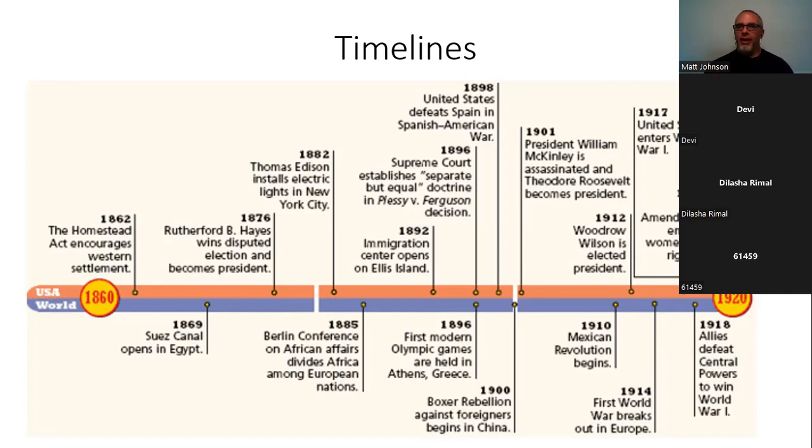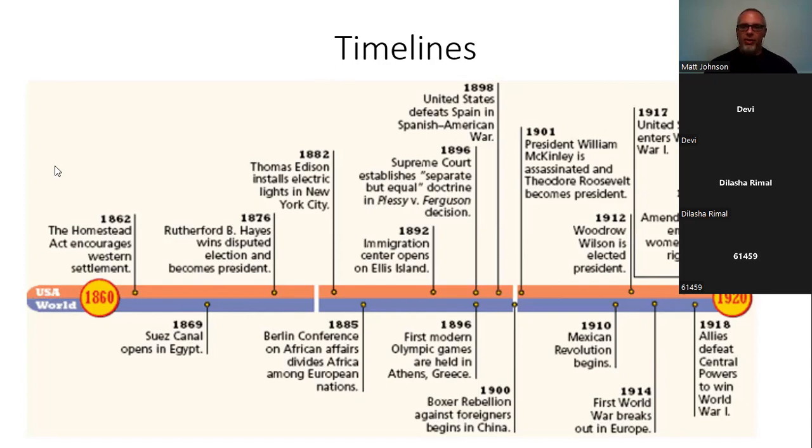Or, what preceded the United States entering World War I would be the election of President Woodrow Wilson. So it's typically very simple questions about a cause and effect relationship that you're going to see on timelines. Again, there's not a whole lot to say about them.